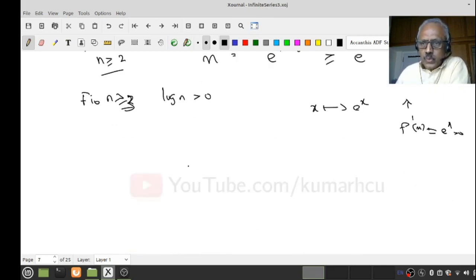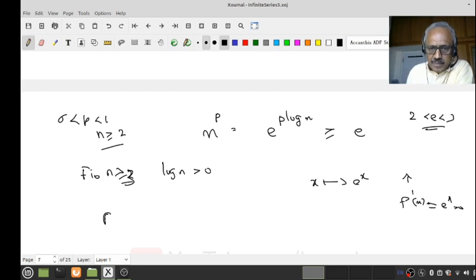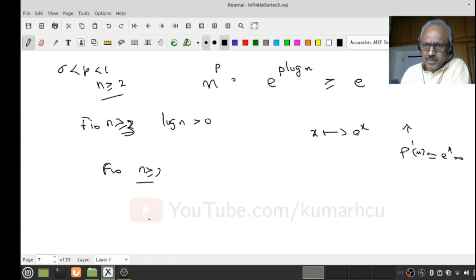Therefore what do I know? Fix n, again not necessarily greater than or equal to 0, but anyway let's keep it. Therefore p going to n to the power p, which is e power p log n, is increasing. Is it okay?